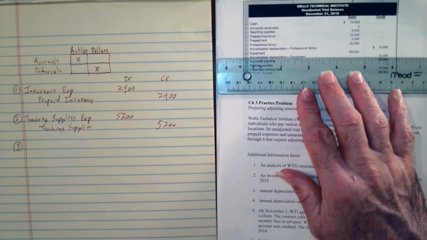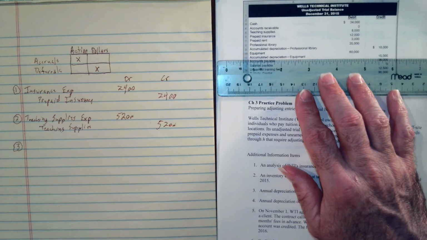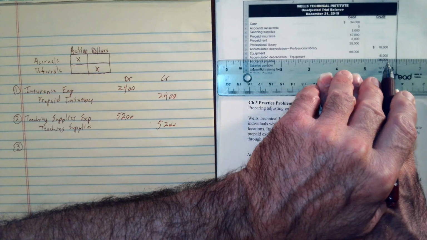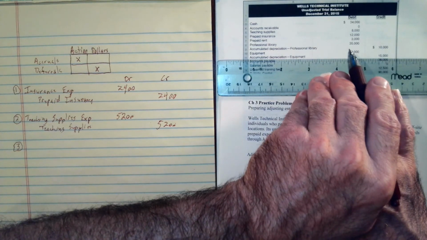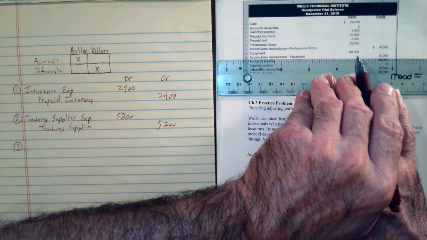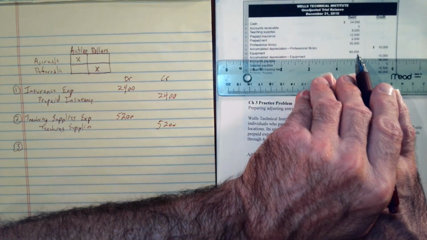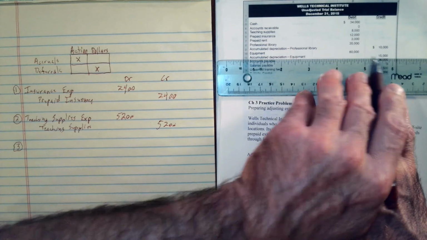And by the way, here's my accumulated depreciation, which should be a credit balance, as you see over here by this evidence. Now you're thinking, now wait just a doggone minute, isn't this in the assets section, and aren't assets supposed to be a debit? Isn't that the normal balance of an asset to be a debit? Well, we're not trying to pull the wool over anybody's eyes here. What's really happening here is this is a contra asset account.